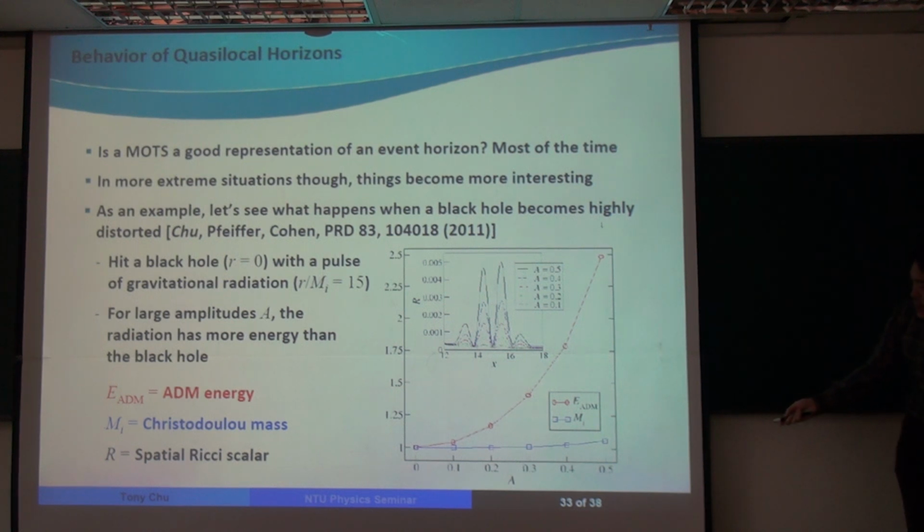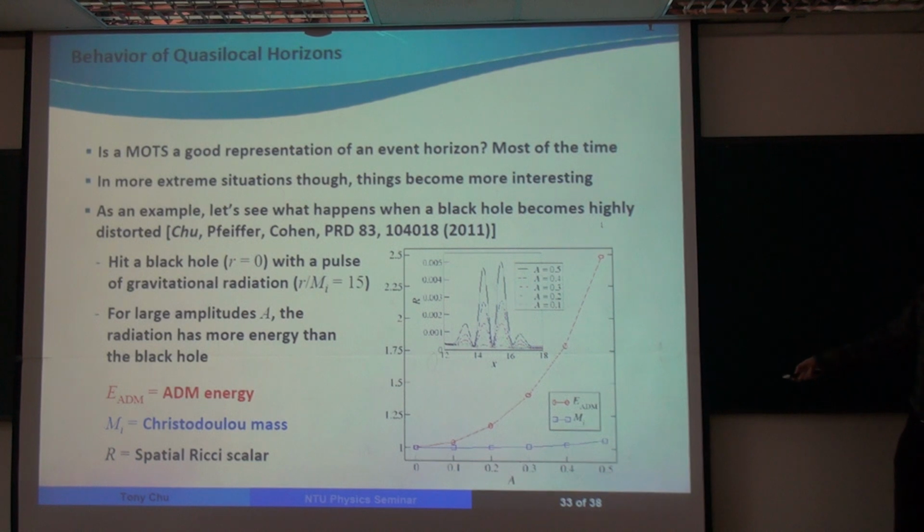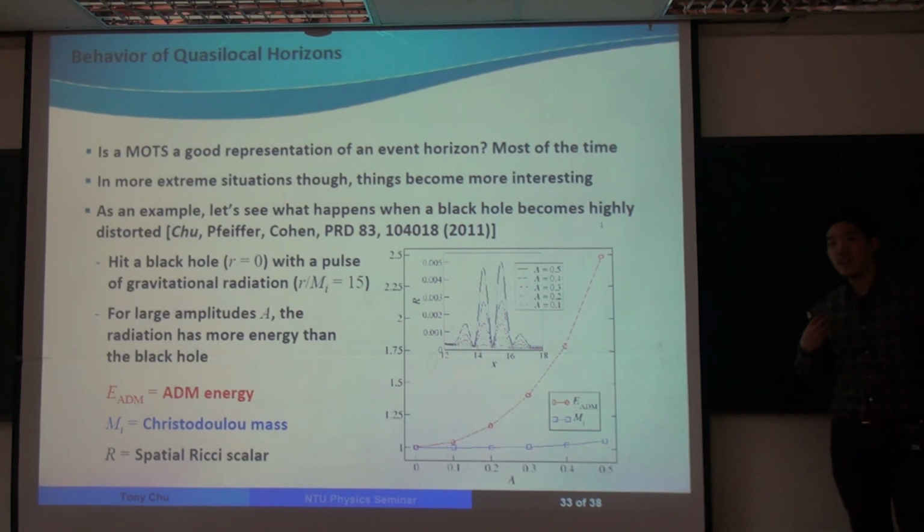This is amplitude on the horizontal axis, and this is energy on the vertical axis. This red curve represents the ADM energy, or the total energy of our spacetime in the initial data. This blue curve down here is the mass of the black hole in the initial data for a particular value of the amplitude A. The difference between the red curve and the blue curve represents the energy contained in the gravitational radiation.